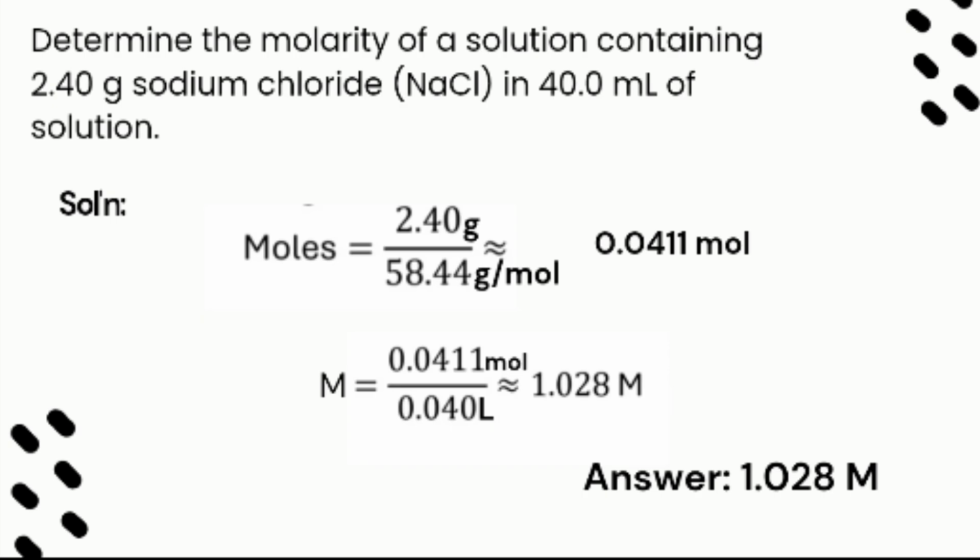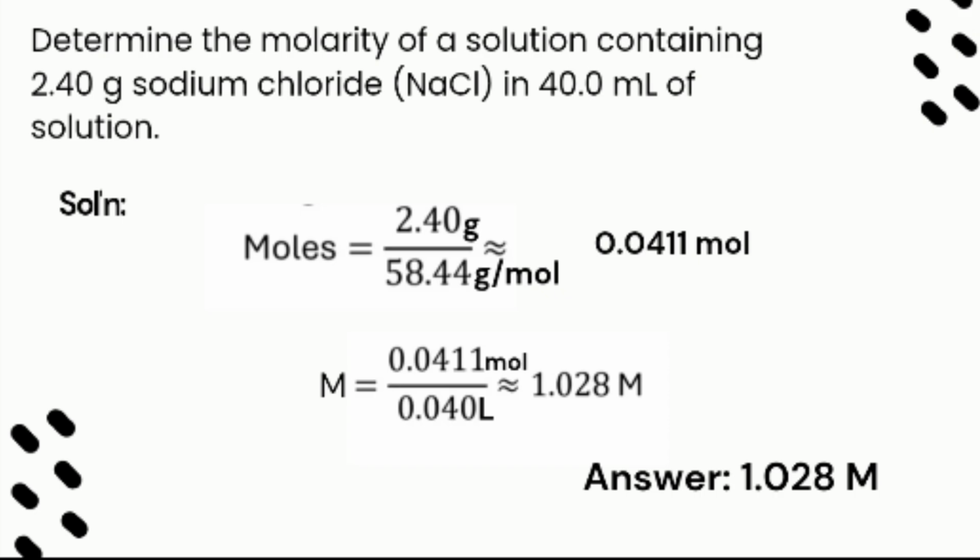So now we're going to solve the problem. Before finding the molarity, we're going to find first the moles of solute. Moles equals 2.40 grams over 58.44 grams per mole, which equals 0.0411 mole.